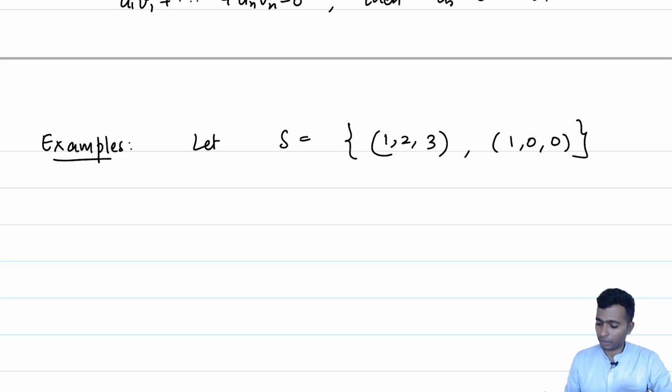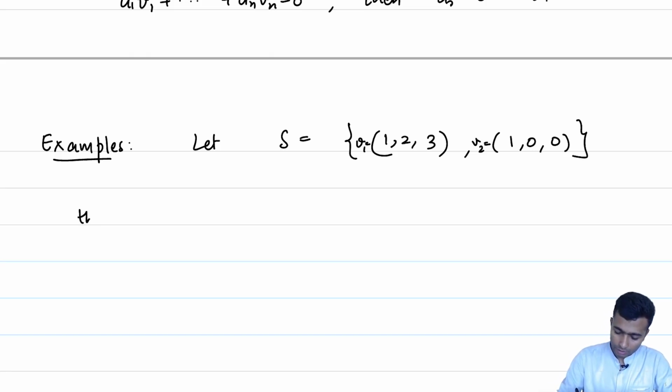Then let us see if S is linearly dependent or independent. Here this is a finite set. So, consider any linear combination of our vectors v1 and v2. Then a1 v1 plus a2 v2 is equal to 0.